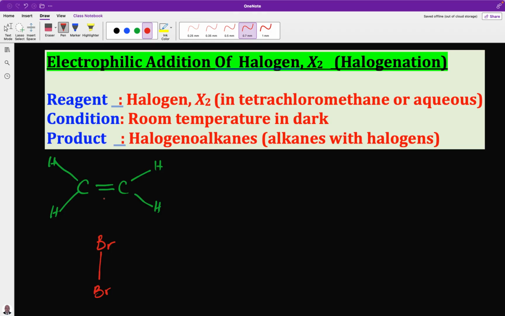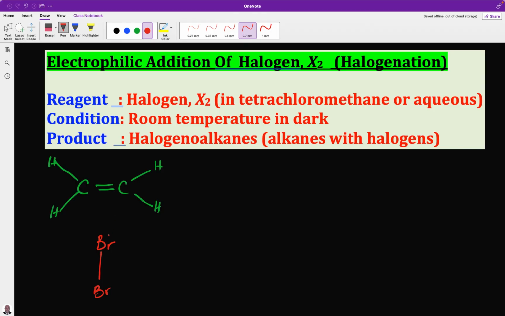There is a cloud of high electron density of the pi electrons around the carbon-carbon double bond, which makes this ethene molecule open to attack by an electrophile.